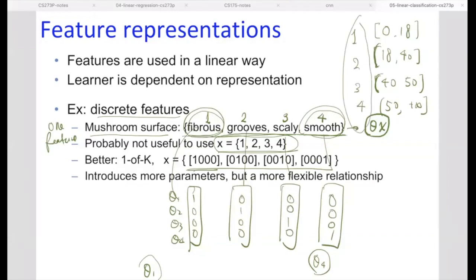However, if you believe the things you try to predict don't necessarily assume any ordering information, it's just that different groups respond differently, then in that case you might want to represent those features using the so-called 1 out of k representation instead of this continuous number representation. So this is a side thing. Just keep in mind when you represent those things that you have to choose the representation carefully.